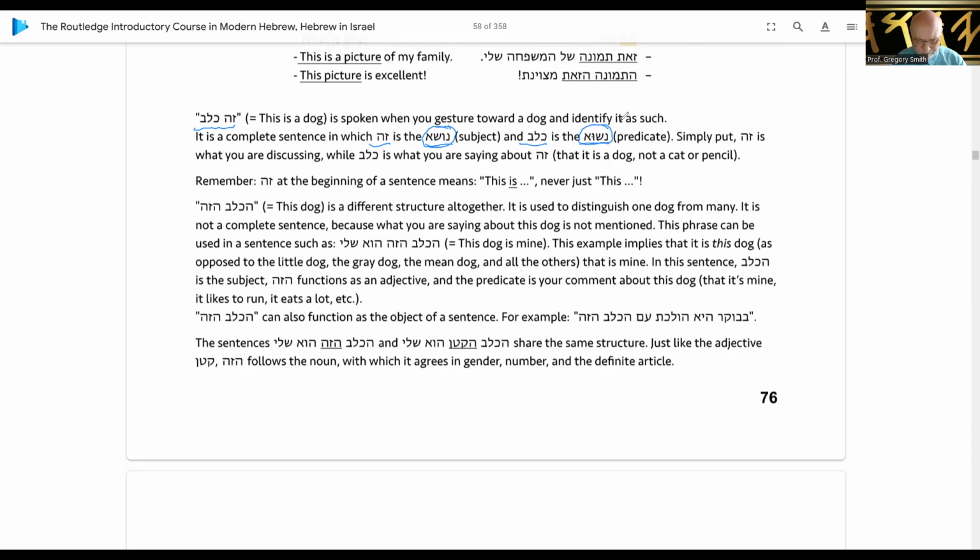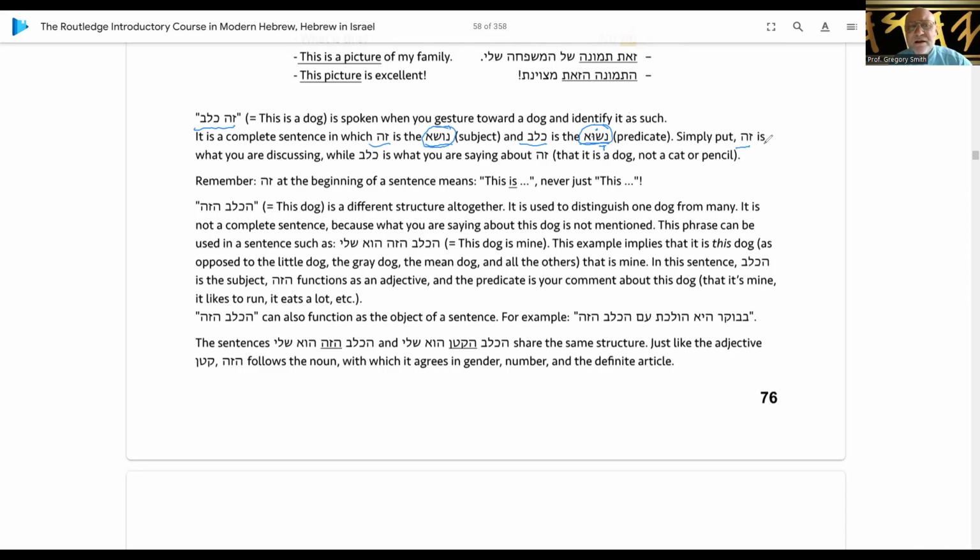It comes from the same root as married, carried, born, but in the noun it's nasu. And it uses a samekh, not a shin. It uses this superlinear dot here, and underneath the nun is a kamatz. So noseh for subject, and kelev is nasu, predicate.